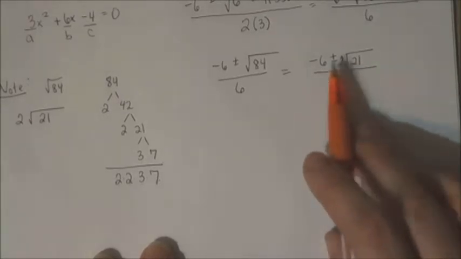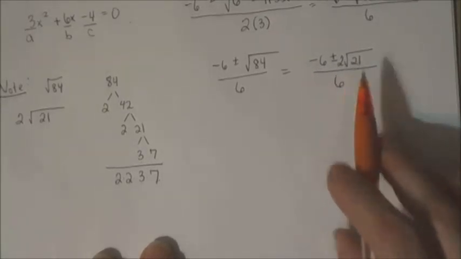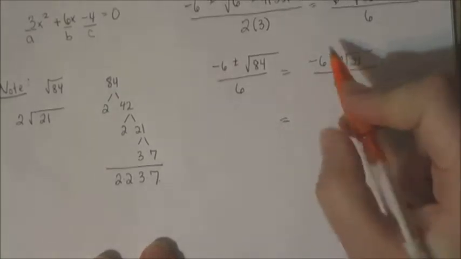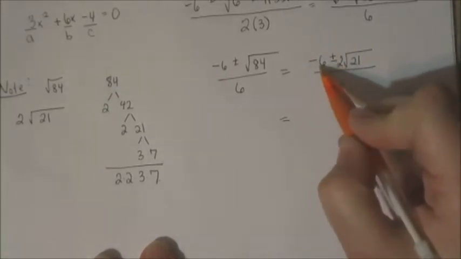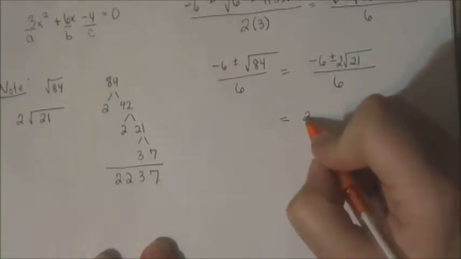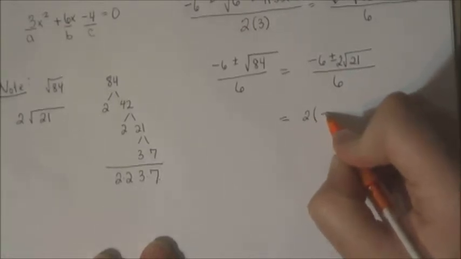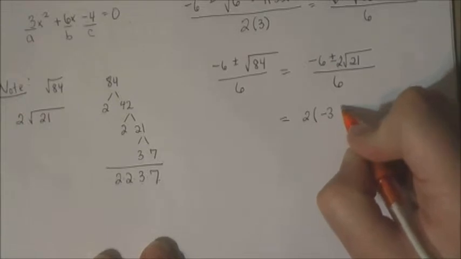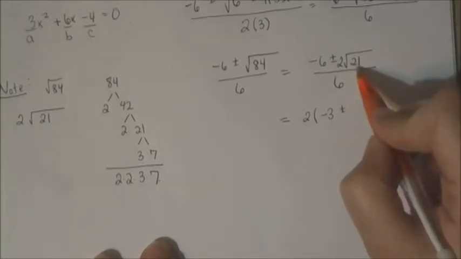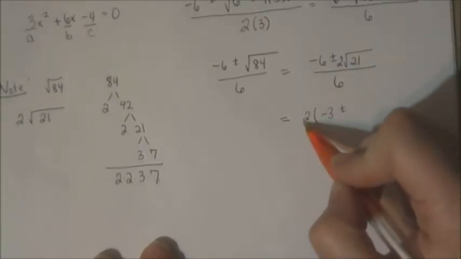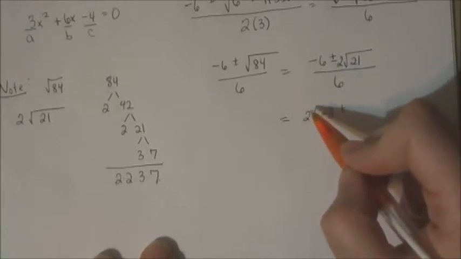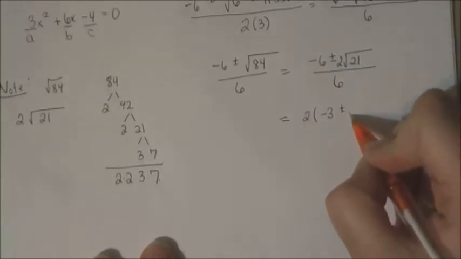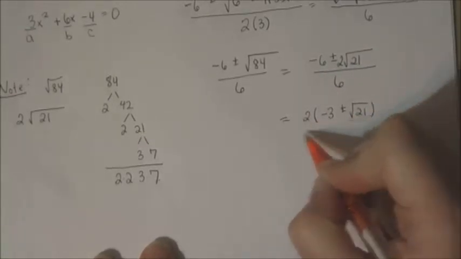Okay, and then we look at anything that we can factor out of the top. Well, they're both divisible by 2, 6 and 2, so let's pull a 2 out front, and you get negative 6 divided by 2 is a negative 3. 2 times the square root of 21 divided by 2, this 2 cancels out when you move it out front, so you're left with the square root of 21.